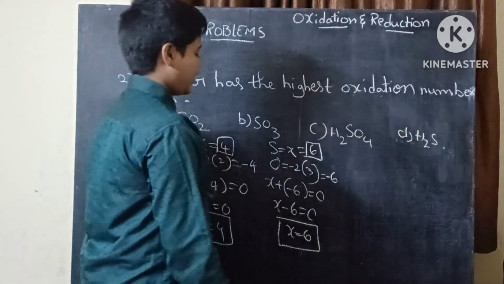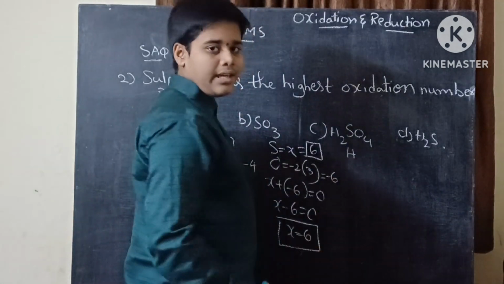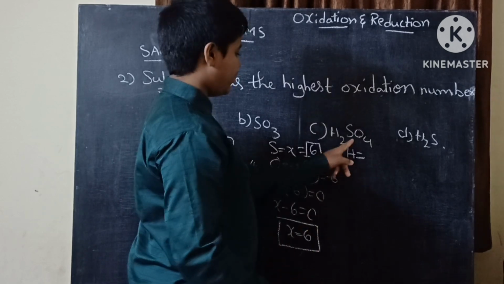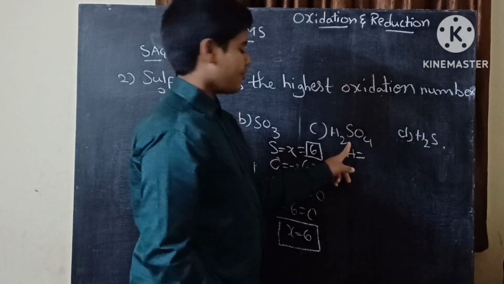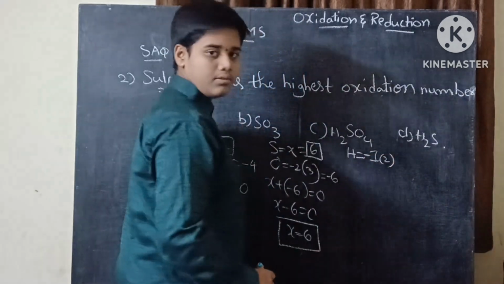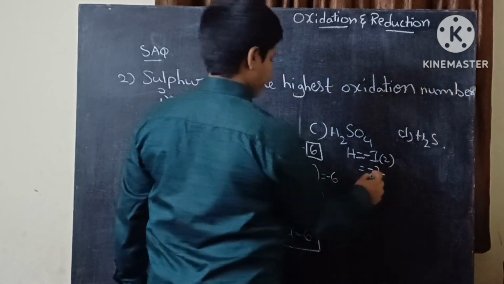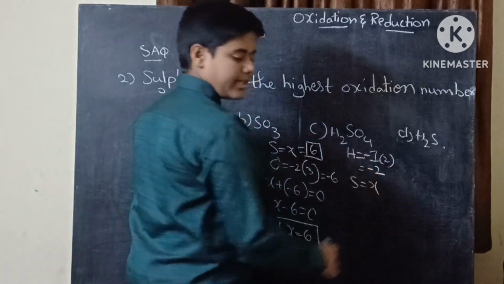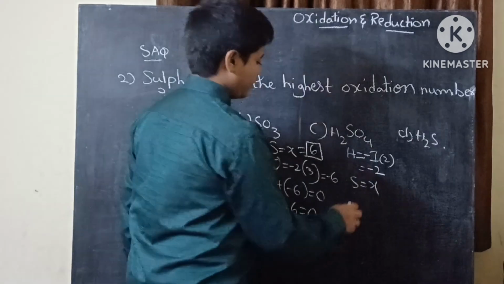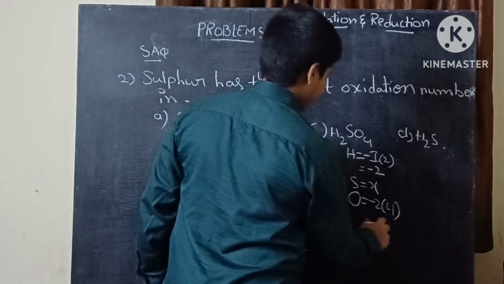Okay. So here hydrogen, sulfur, oxygen are there. The oxidation number of one hydrogen is plus 1, and in peroxides oxygen is minus 1. So minus 1 into 2, and that sum is minus 2. Hydrogen is minus 2 and sulfur is X. There are 4 oxygens, and 1 oxygen is minus 2, so minus 2 into 4 becomes minus 8.